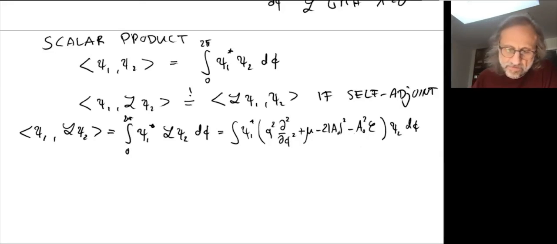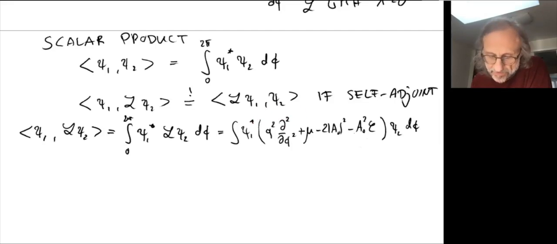So what do we need to do now? We need to compare that with the right-hand side here. And that means we want to have the operator L acting on psi1, which is sitting here. So the standard thing is for the derivatives, you take integration by parts and roll it over. Because the function is periodic, the boundary terms don't contribute, so you can simply roll this over twice, and so the minus sign disappears.